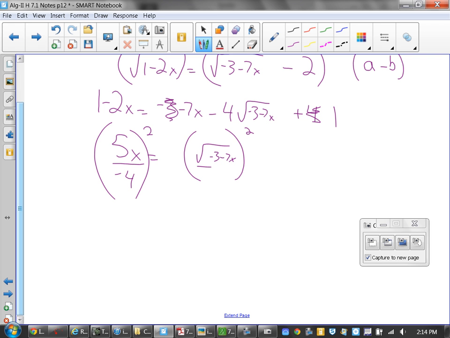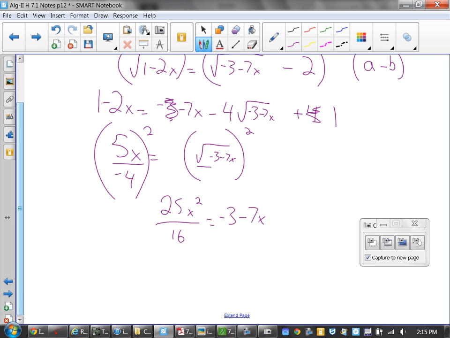All right? Square root of junk squared is? 5 squared, 25x squared, over 16. You get 25x squared over 16 is negative 3 minus 7x. Negative 4 times negative 4 squared is 16.